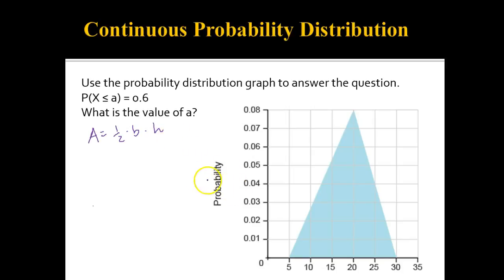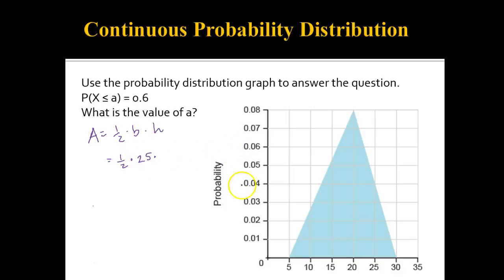So the whole triangle is 1/2 times the base. The base goes from 5 to 30. 30 minus 5 is 25. So each square is 5 units long, and there's 5 of them, so 25.